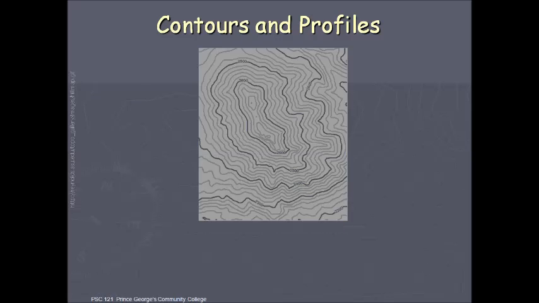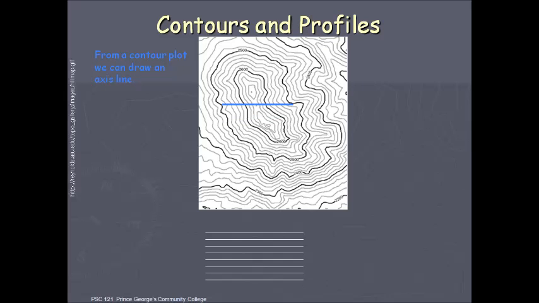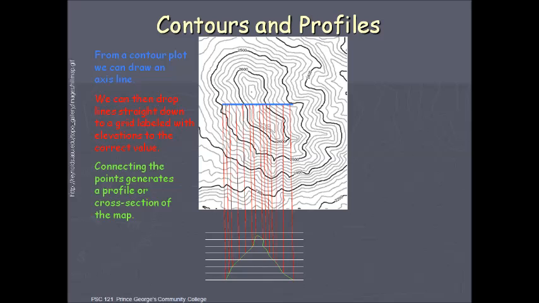We can also look at a topographic map and create a profile or a side view of the map to determine what we're looking at. So in this map, we see closed circles, so we know it's some kind of hill or mountain. When we look at the profile, we just bring the contour lines down and graph them, and it creates a side view.